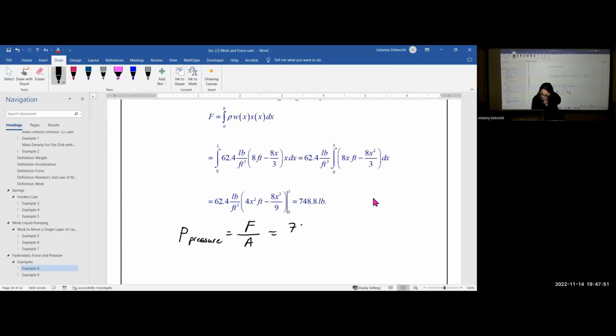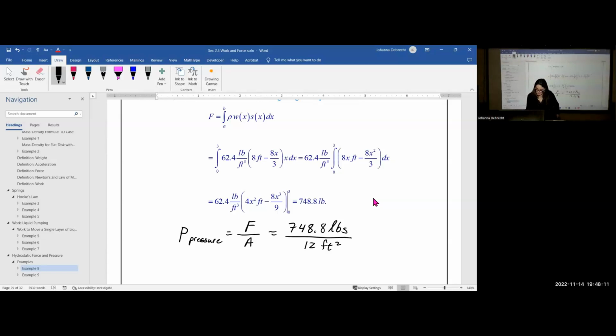So in our case, 748.8 pounds. And it is, what did we say, 12 square feet on the end. So whatever that comes out to be, that's the amount of hydrostatic pressure on the end of that particular trough.